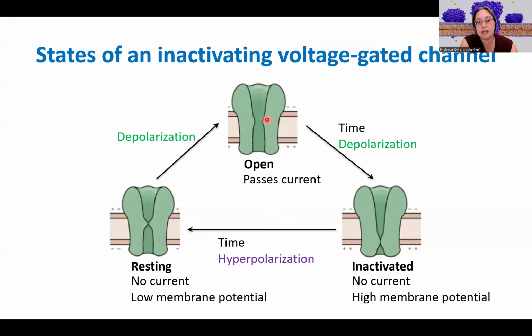So if the membrane potential is high, first you'll be in the open state, then you'll be in the inactivated state. But before the channel can open again, you've got to bring it back to that lower resting membrane potential in order to return the channel to rest before it can open again.